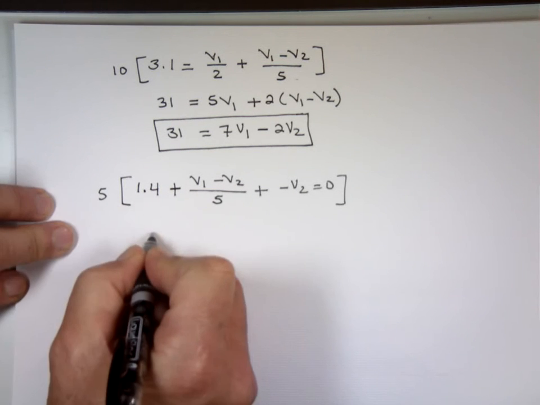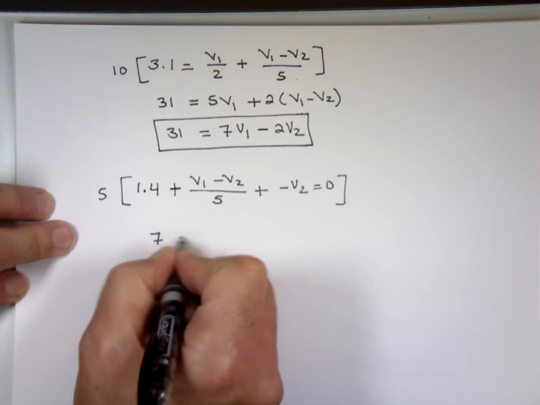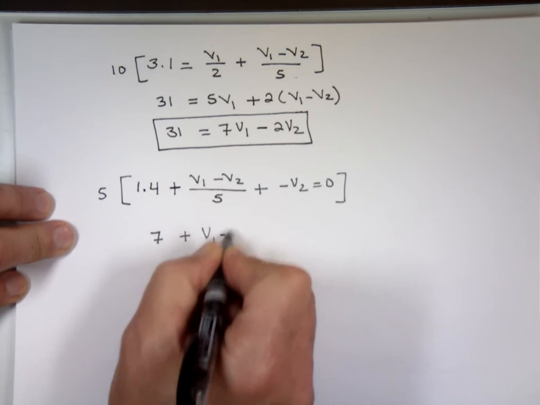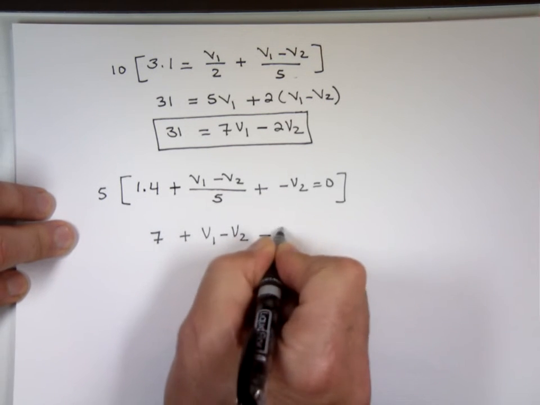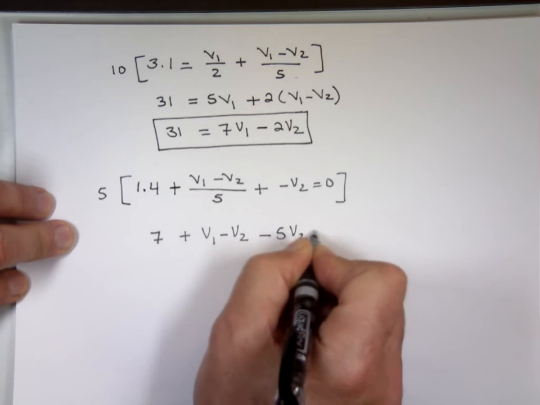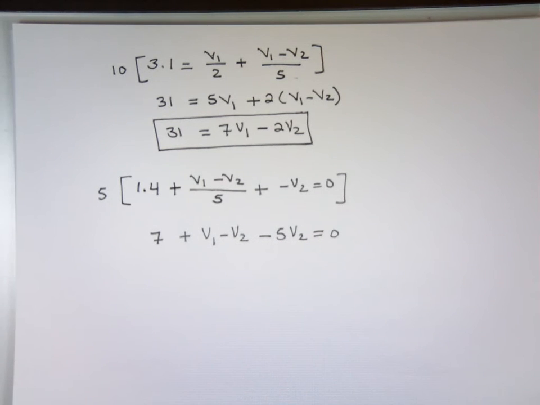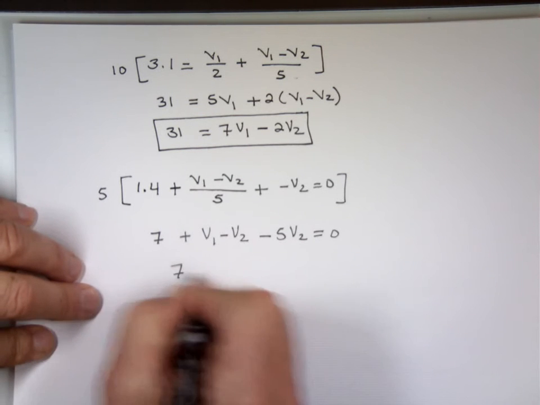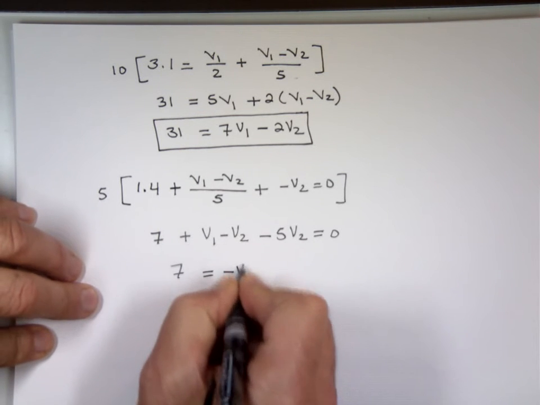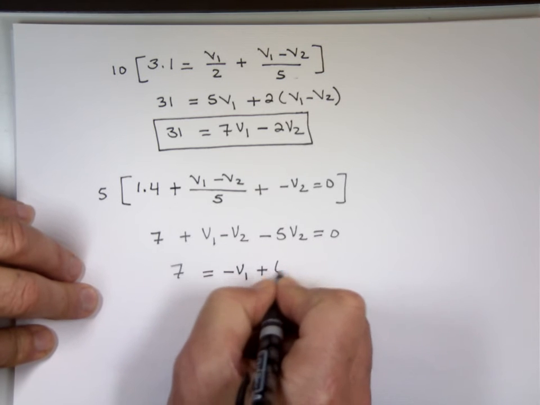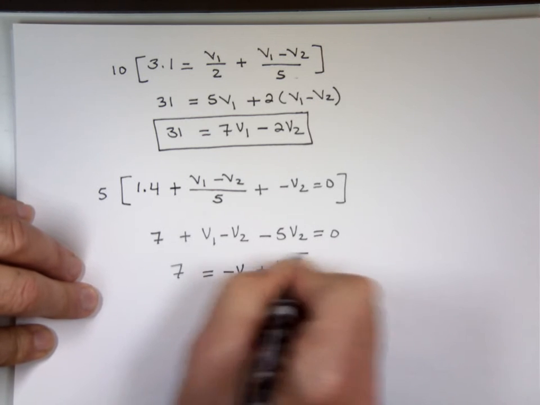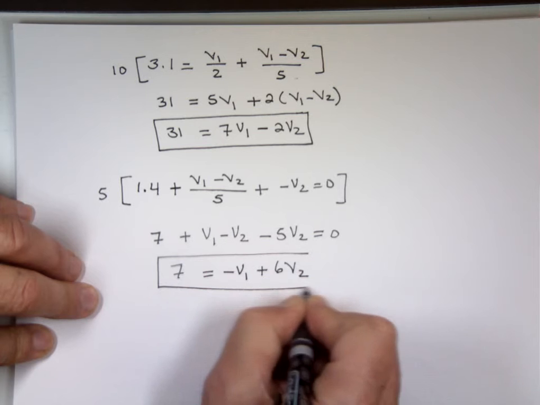Is that a 7 here? If you move everything to the right side, you'll have 7 equals what? Negative V1 plus what? 6 V2. Here's my two equations by two unknowns.